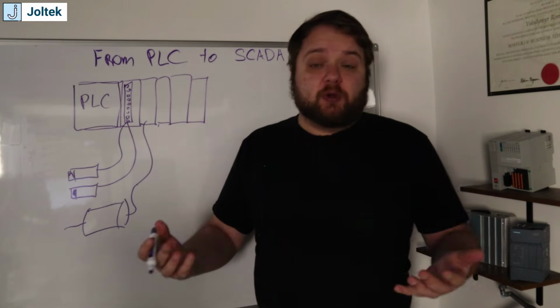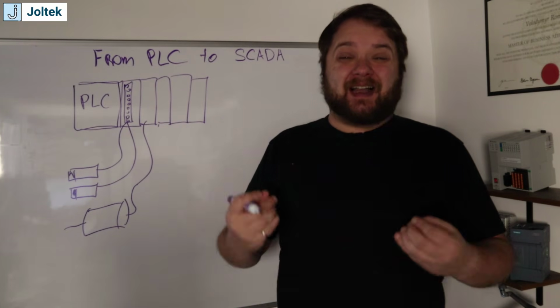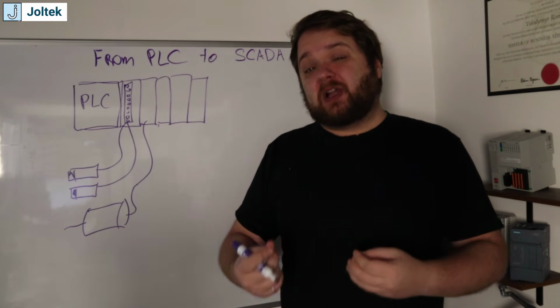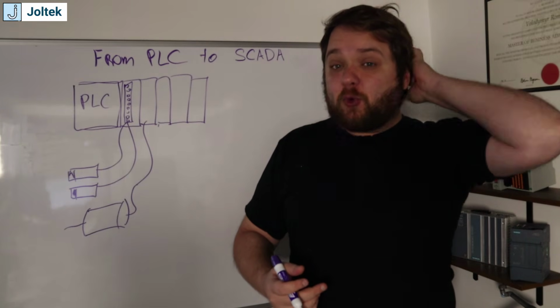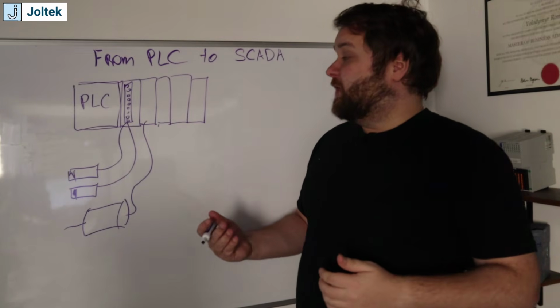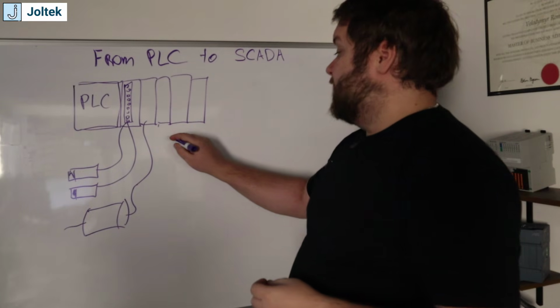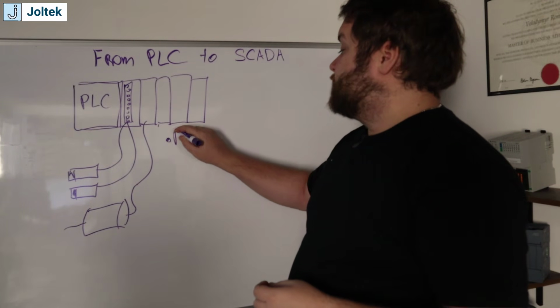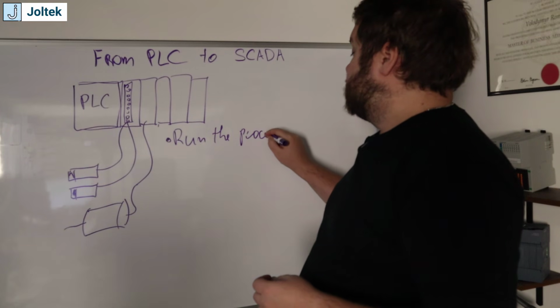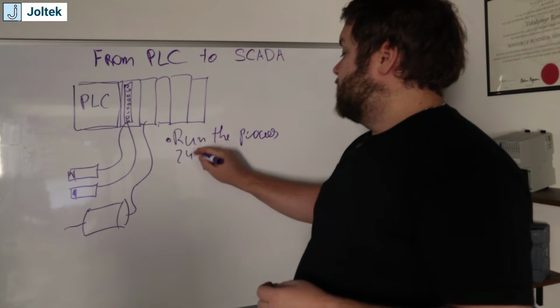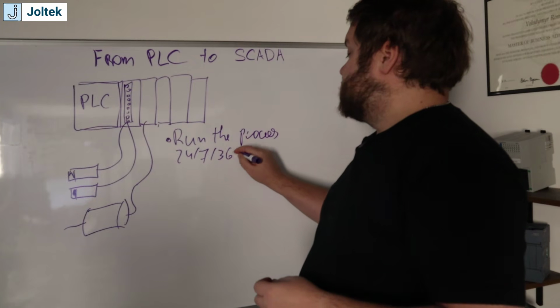PLCs can be thought of as highly advanced and highly reliable computer systems that are optimized for running a process 24/7, 365. So the main goal is to run the process 24/7, 365.